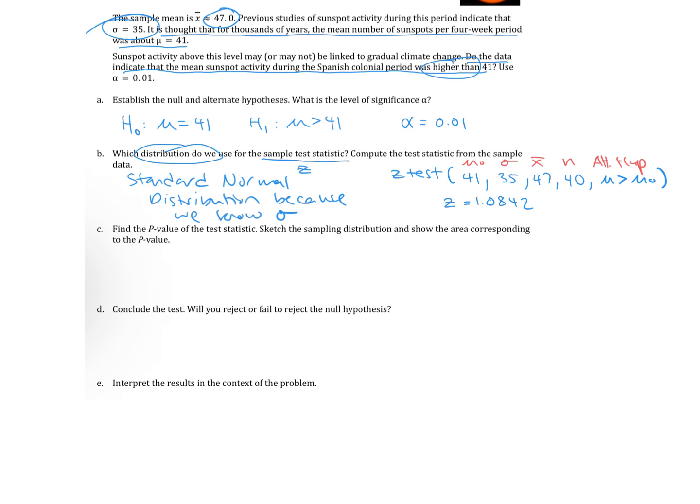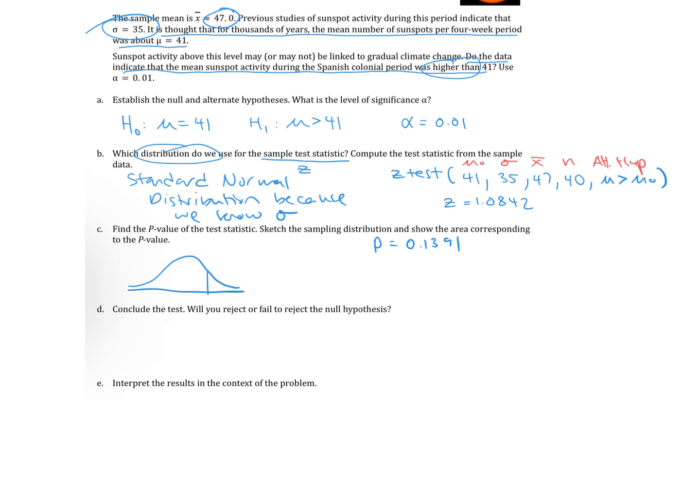Part C. Find the p-value of the test statistic. Sketch the sampling distribution and show the area corresponding to the p-value. Well, when we did z-tests, it also gave us the p-value. So p is equal to 0.1391. And to sketch our standard normal curve, this is a right-tailed test since it's mu greater than 41.